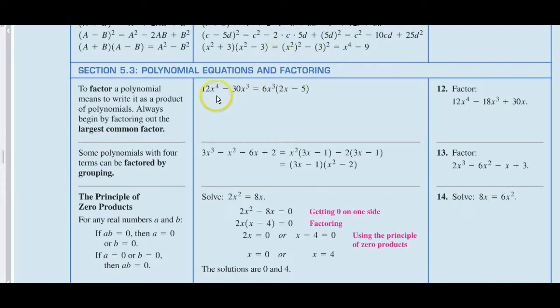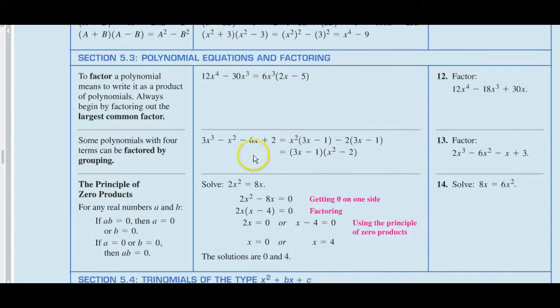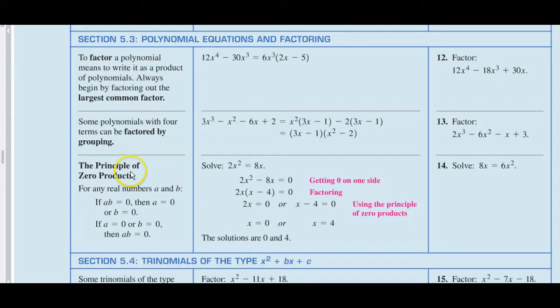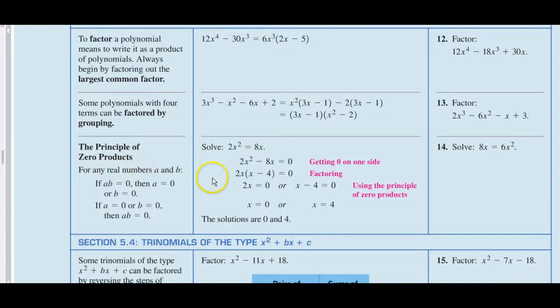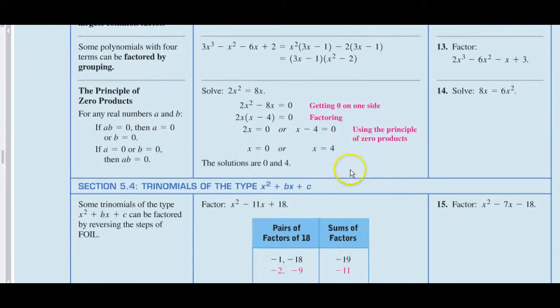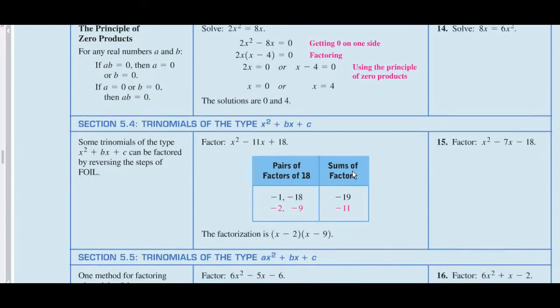Well, first we talked about grouping like terms, getting rid of parentheses, and then factoring that out, and then equating it to 0. Then we also did factoring by grouping when there are 4 terms. Then there's the principle of the zero products. And again, anything you need to review, pause and look at it more carefully. All of this is available in your textbook.